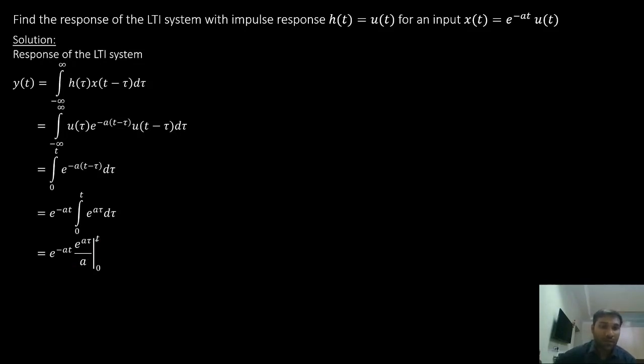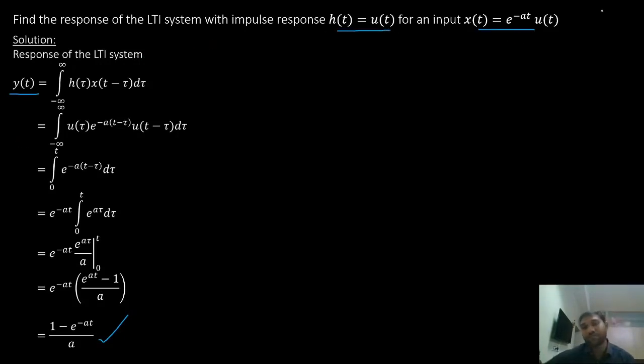When I substitute the upper limit, I have e power at, and when I substitute the lower limit, e power 0, which is 1, divided by a. Now if I multiply this e power minus at inside, I'll get 1 minus e power minus at divided by a. So this is the response of the LTI system with this impulse and this input, right?